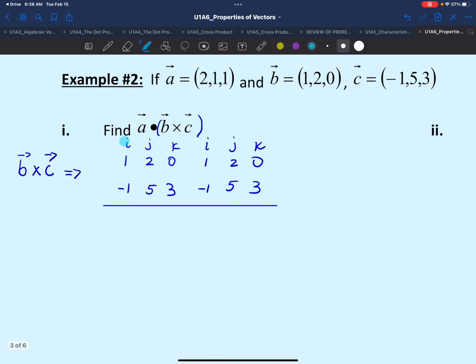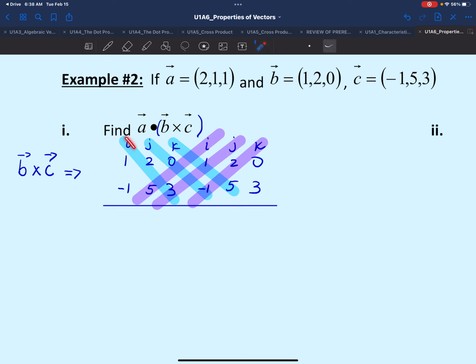And we'll go down products first, and then up products next. So for down products, we have 3 times 2, 6i. 0 times negative 1, 0j. 1 times 5, k. So 5k.